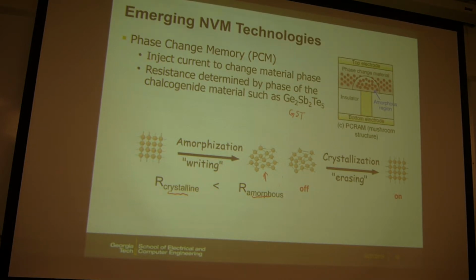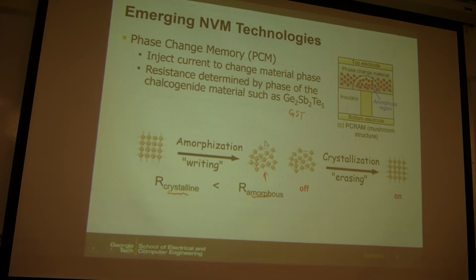The typical way to do that is to apply heat. So the crystalline material will melt when the temperature reaches a certain melting temperature, typically hundreds of degrees C. And if you melt the material, the atoms can move around, so they no longer maintain this regular phase.